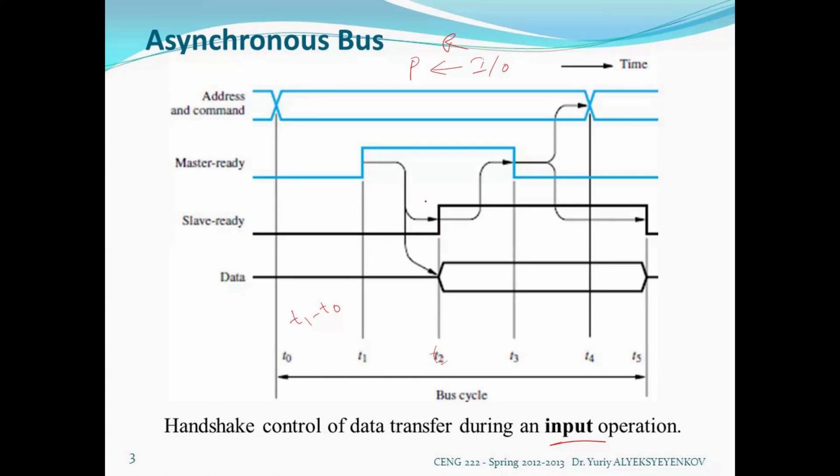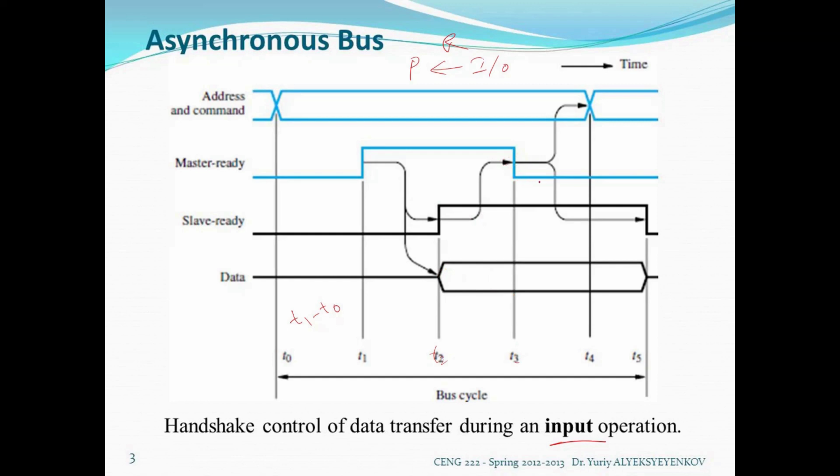After receiving the master ready, the slave also reacts by sending the slave ready, and along with the slave ready, it will place the data on the data bus. So after placing the data, at time T3, the master ready signal will go low, means what? The processor will remove the master ready signal.